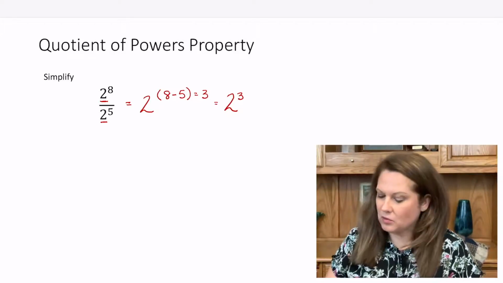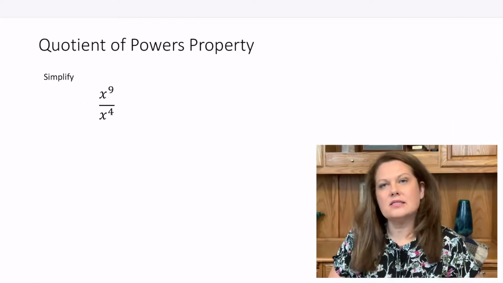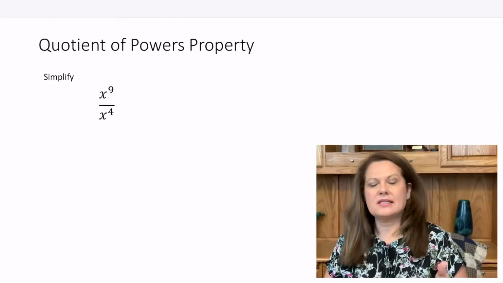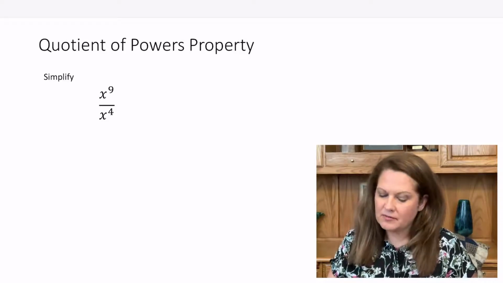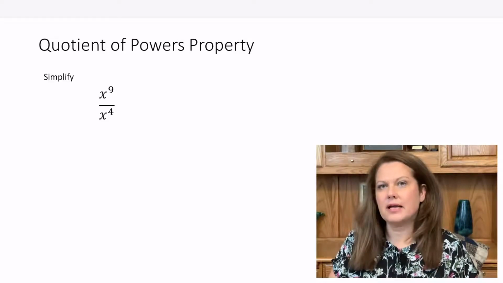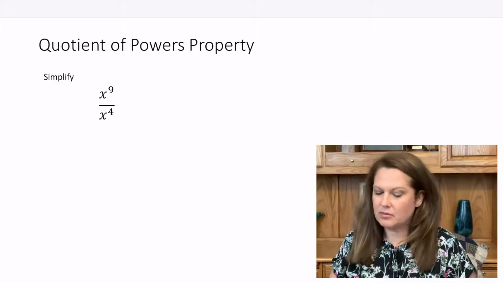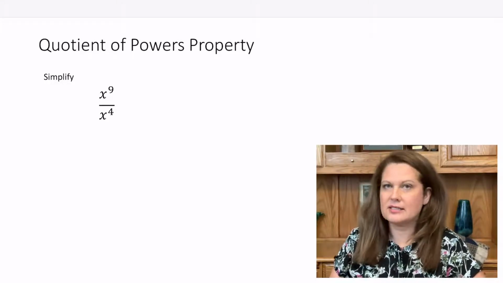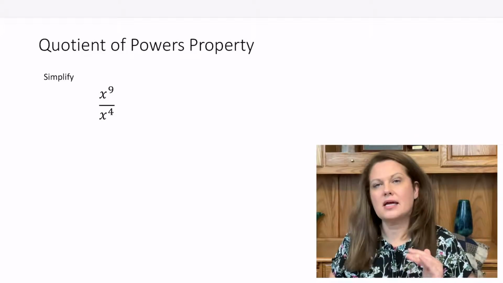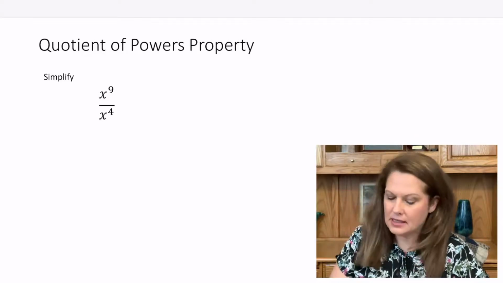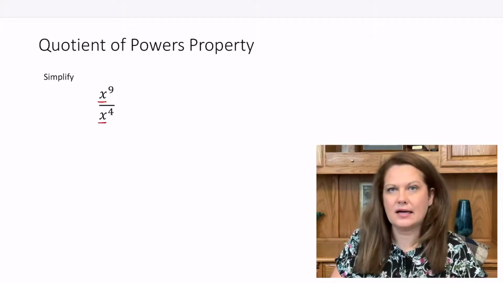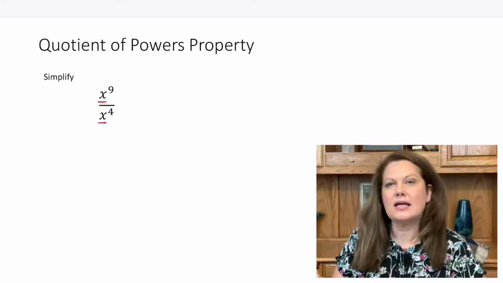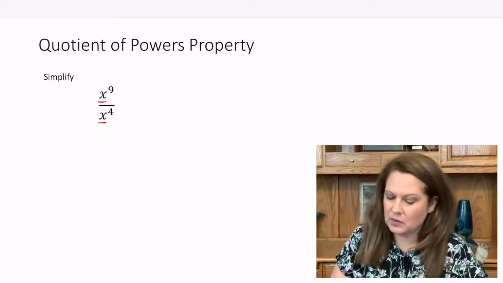Okay, so let's try another one. This time, we're not going to have a base that's a number. We're going to use a variable. So we're going to simplify x to the 9th divided by x to the 4th. Remember, the very first thing we have to check is, do the powers have the same base? And this time, our base on both of our powers is x. So yes, it is. And now we can apply our laws of exponents.